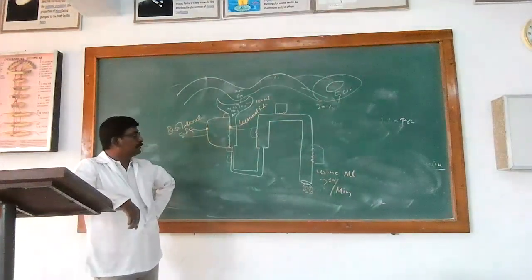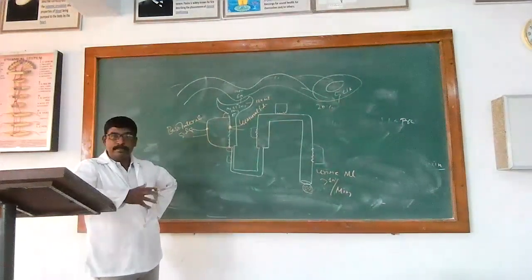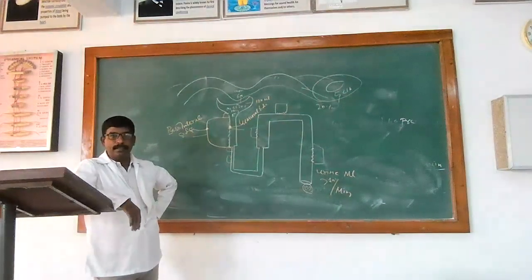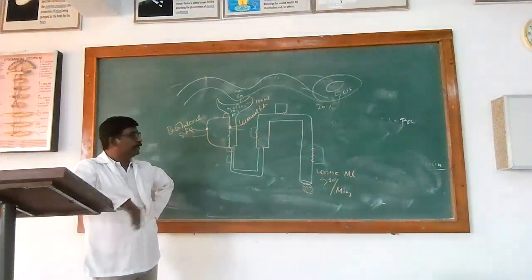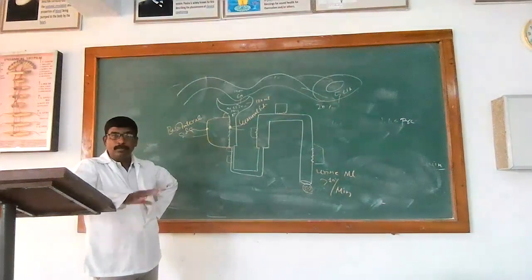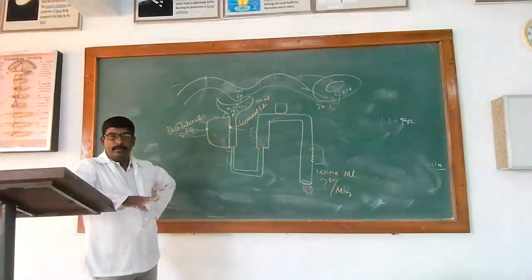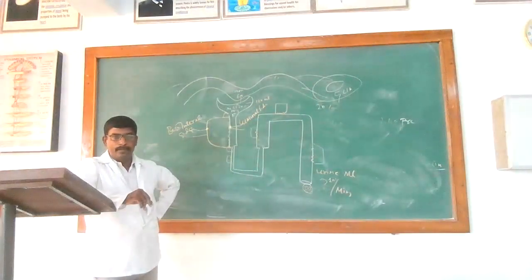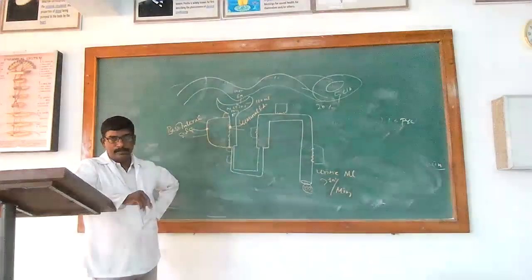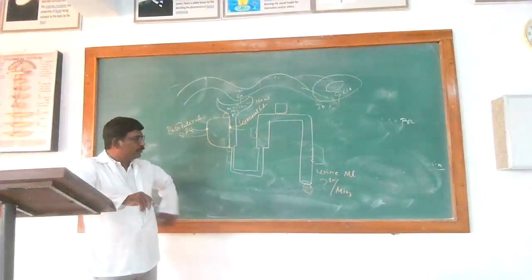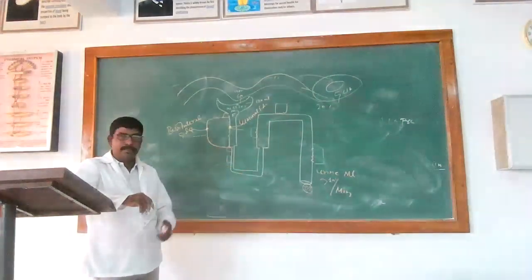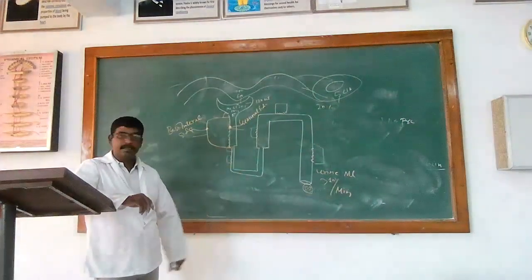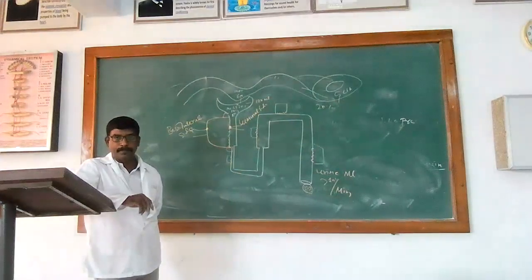It is a very nice, very good arrangement in our body, in the kidney, so that it does not allow us to lose any solute from our body, which is essential for the normal function of our body. If you calculate how much urine can be formed in 1 minute, the answer, hypothetically, is 1 ml, right?